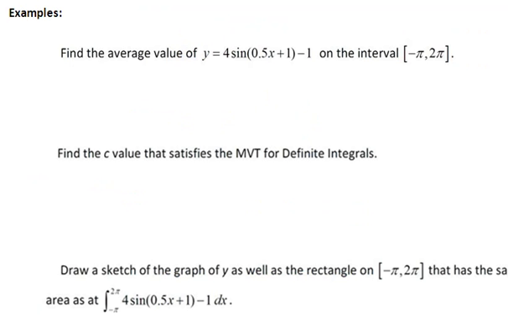Suppose we want to find the average value of this function, y equals 4 times the sine of 0.5x plus 1, minus 1, on the interval from negative pi to 2 pi. Let's suppose that you could take all of the possible functional outputs of this function and add them all up and divide by the number that there are. You would get the average value. Unfortunately, because there's infinitely many outputs and infinitely many inputs, we can't divide an infinite number of things by an infinite number of things.